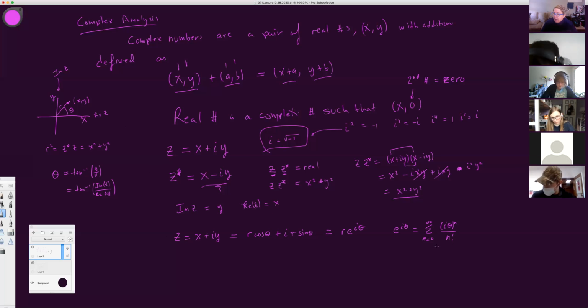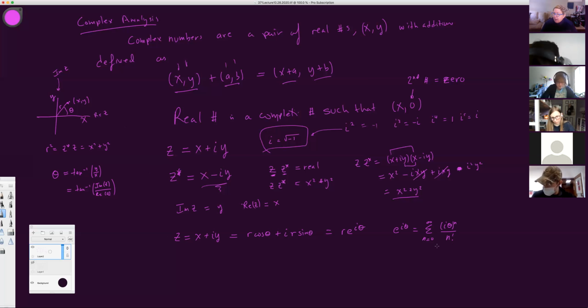I to the 6th is what? Negative 1, see? So if you have the even powers, you get just 1s and negative 1s. But for the odd powers, you get i's, plus or minus i's, so you get back a complex number like we have here.